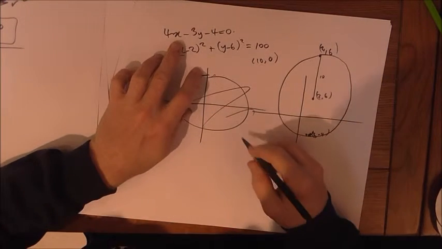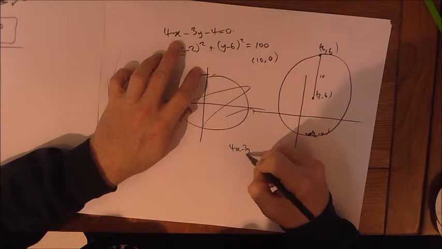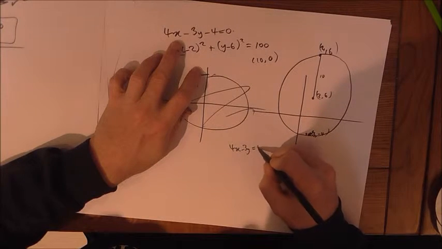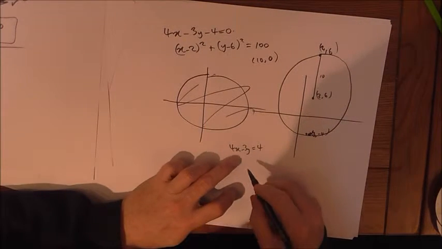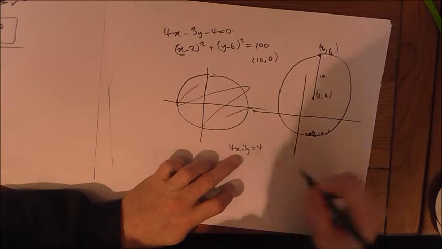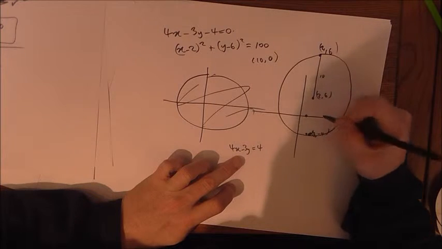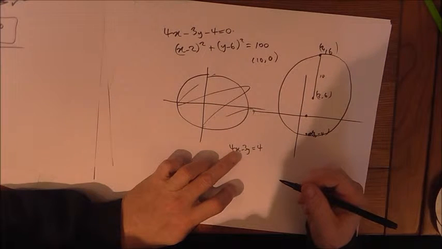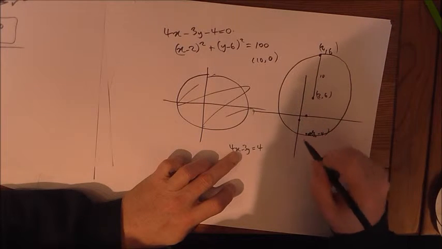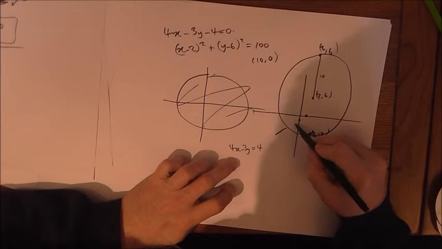And 4x minus 3y equals 4. Just graph that quickly. If y equals 0, then x equals 1. And if x equals 0, then y equals negative 1 1/3.